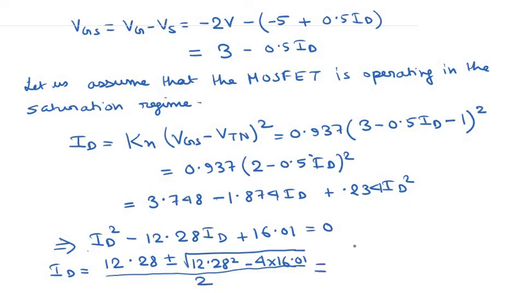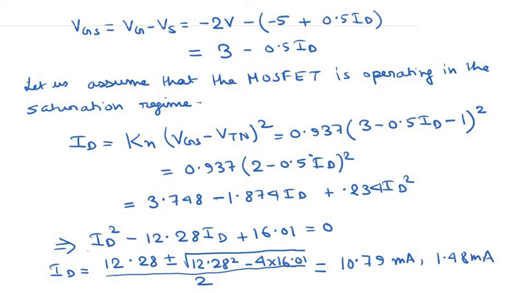So this is equal to 10.79 milliamperes for the plus sign, and we get another answer for the minus sign, which is 1.48 milliamperes.